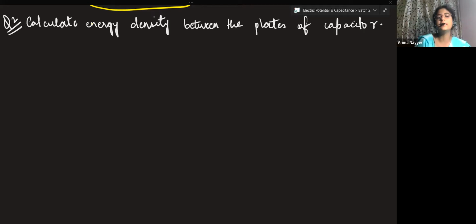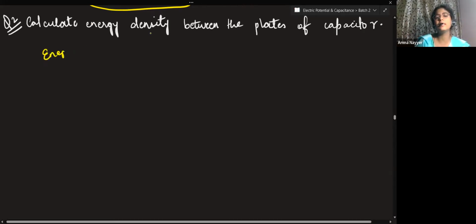See, energy density means what? You will be facing this density term a lot of times. We'll have current density when we'll be studying current electricity. So energy density is basically energy per unit volume. You have different meanings for different densities.